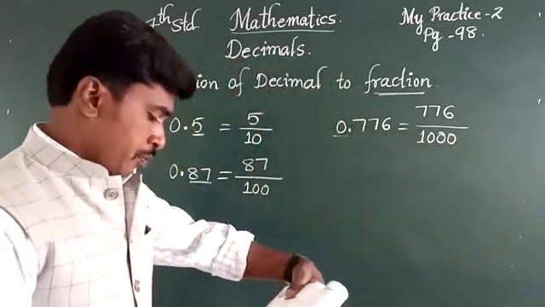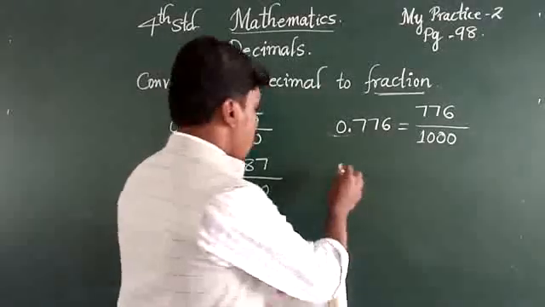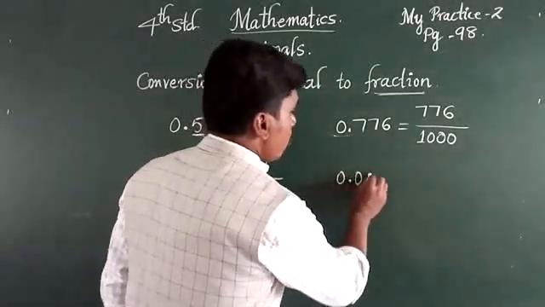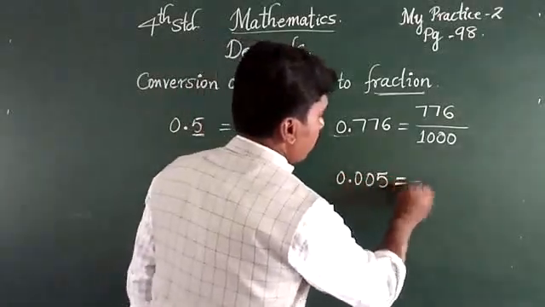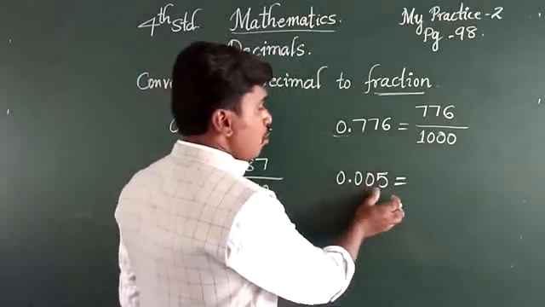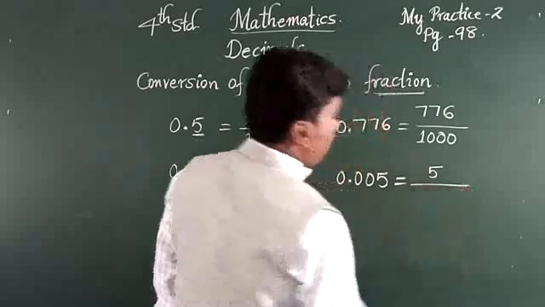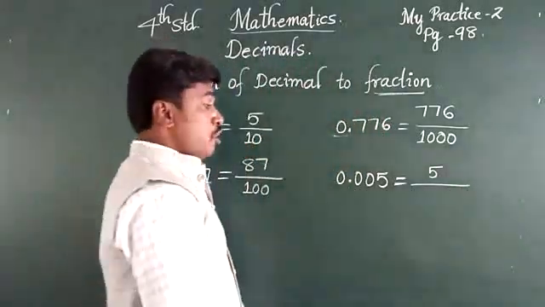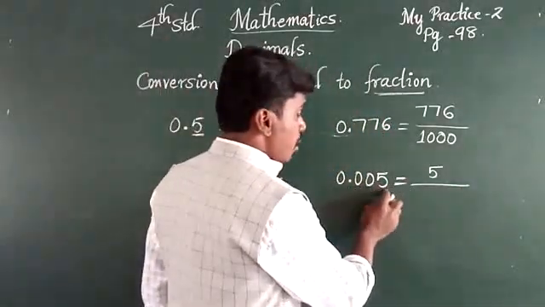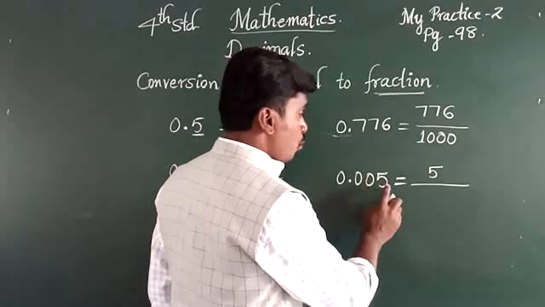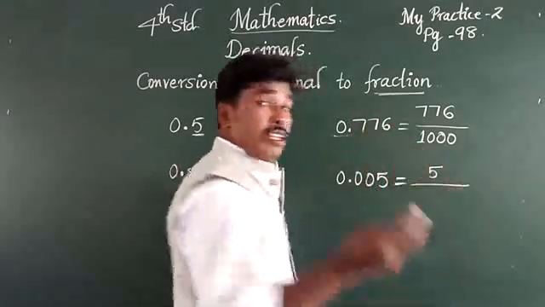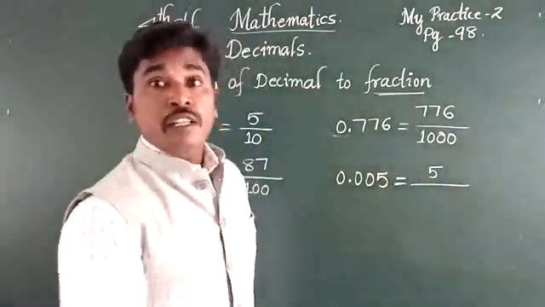One more you can take, it is 0.005. So 005 is nothing but 5 only. In the denominator, how many digits are there, dear children? 1, 2, 3. So there should be 3 zeros in the denominator.